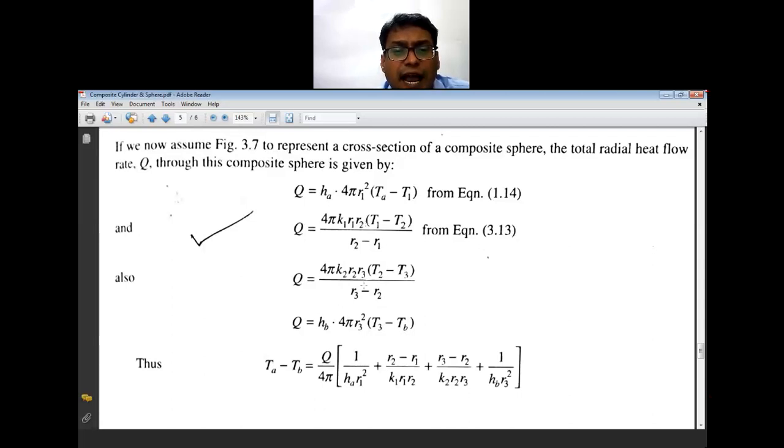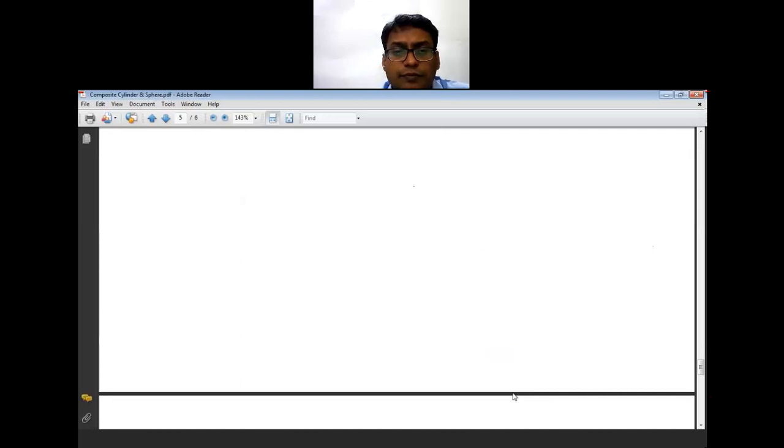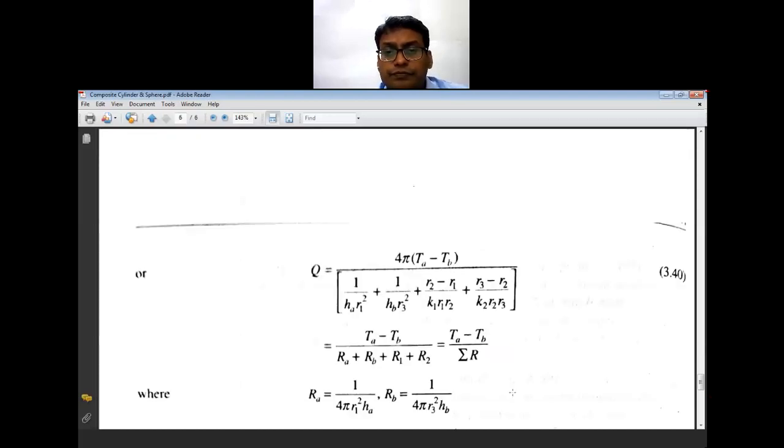So when you add up all these resistances and simplify for Q in terms of TA minus TB, it will be Q upon 4 pi into the individual resistances. That is, the first convective resistance, the second conductive resistance of the first sphere, the conductive resistance for the second sphere, where K2 is the thermal conductivity of the second sphere, and then the convective resistance for the outer surface.